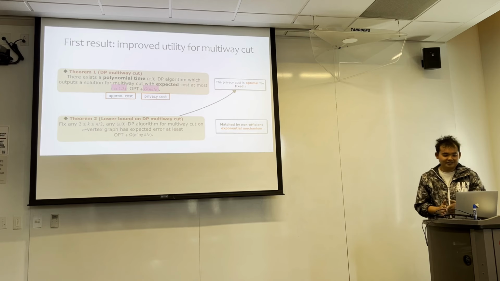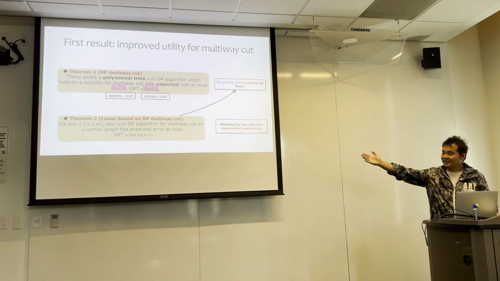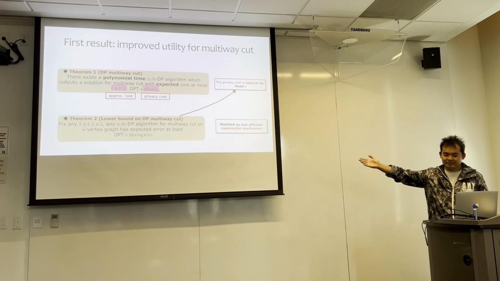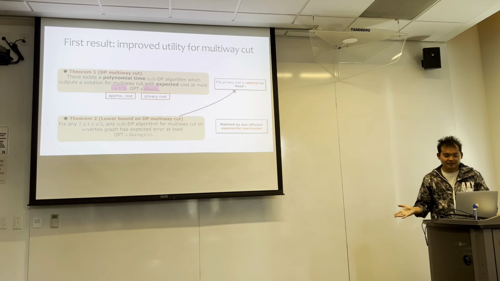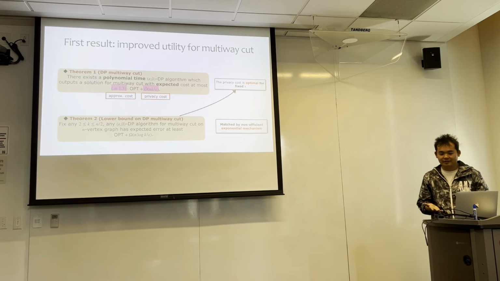So for any constant k, the error is tight in terms of privacy. Of course, the upper bound still has a multiplicative gap from the optimal, because we are solving an NP-hard problem. So in that sense, our algorithm is already tight in terms of privacy.